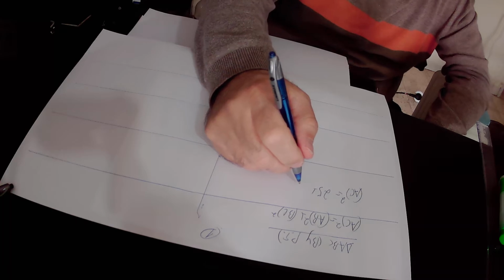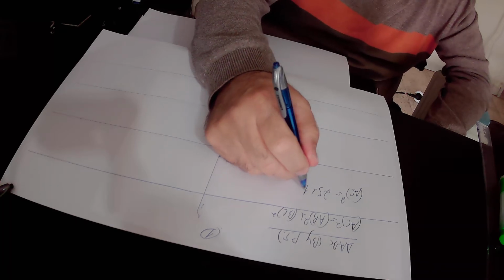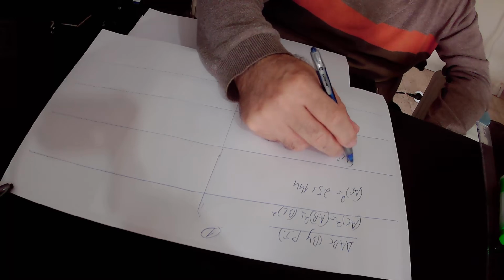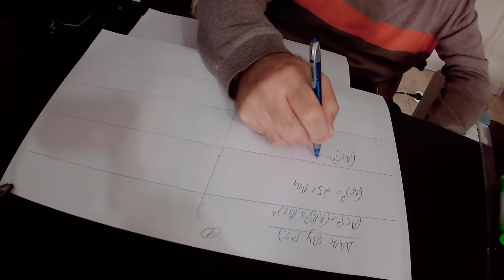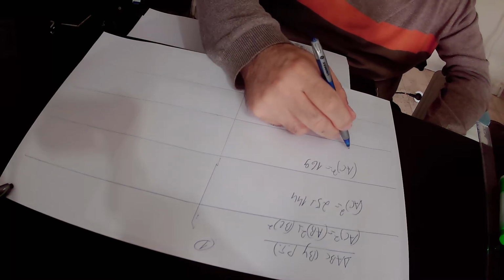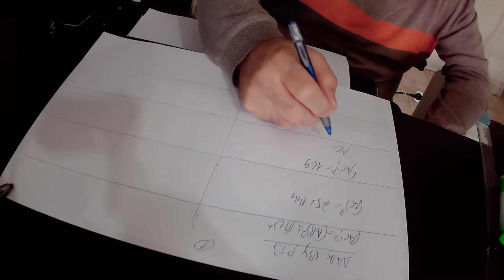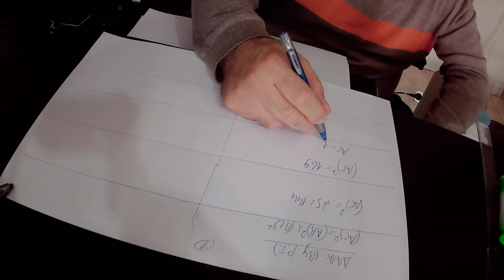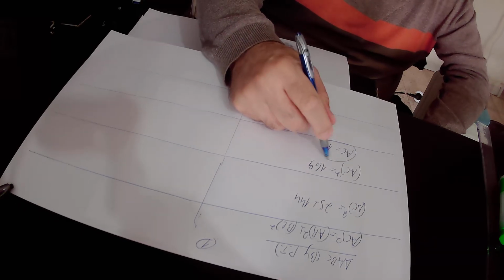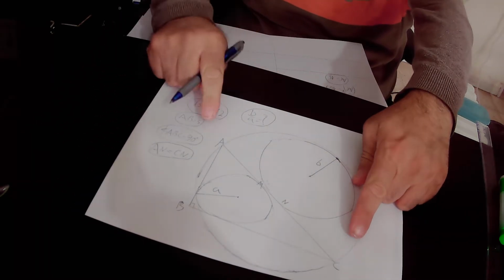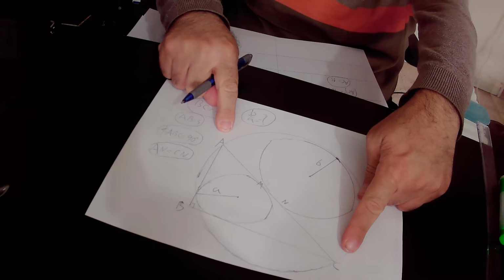BC is 12, therefore BC squared is 12 squared, that is 144. In total, AC squared equals 25 plus 144, which is 169. You take the square root and you get that AC equals the square root of 169, which is 13. So the hypotenuse AC of the right triangle ABC equals 13 units in length.